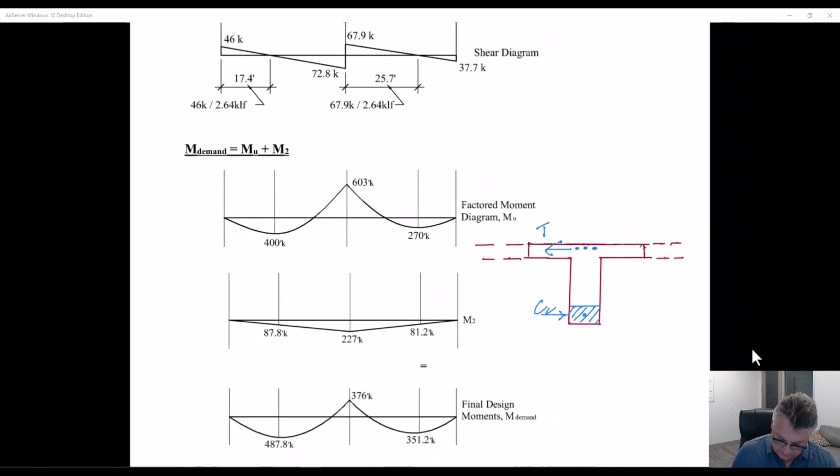So this is exactly what we'd want. If you could decrease the negative moments while increasing the positive moments, and this is the section you're working with, which is always the section we're working with, that's a benefit. I mean, that's a redistribution of moment away from an inefficient location to a much more efficient location.